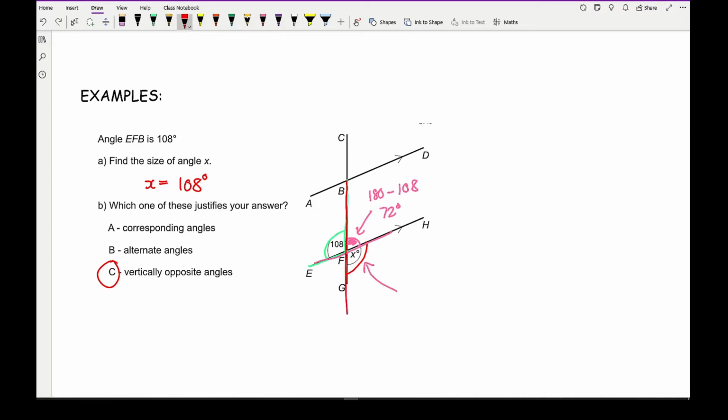If I look at this red line, I can see that these two angles are on a straight line. So to work out what angle X is, if this is 72, I've got to do 180 minus 72, which gives me 108. So just another way of working out the angle, but ideally the easiest way of looking at it is knowing that it's opposite, so therefore going to be the same.